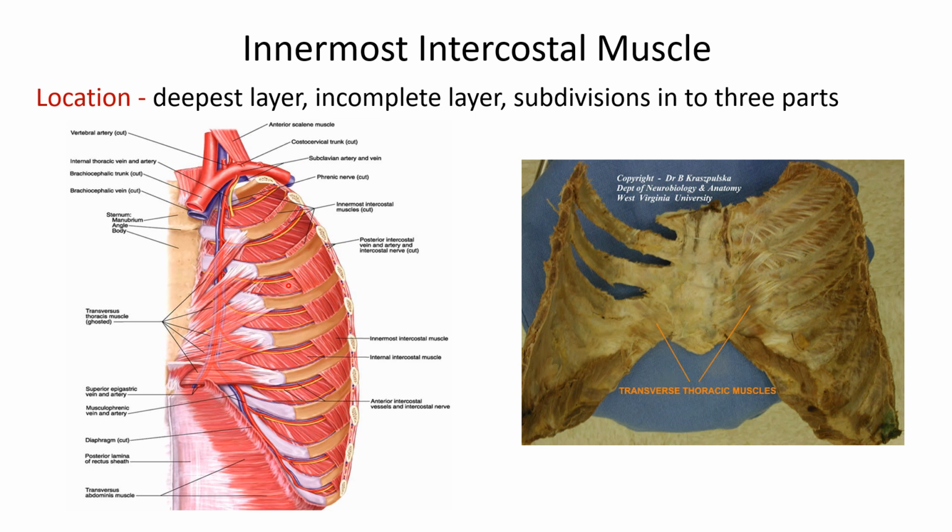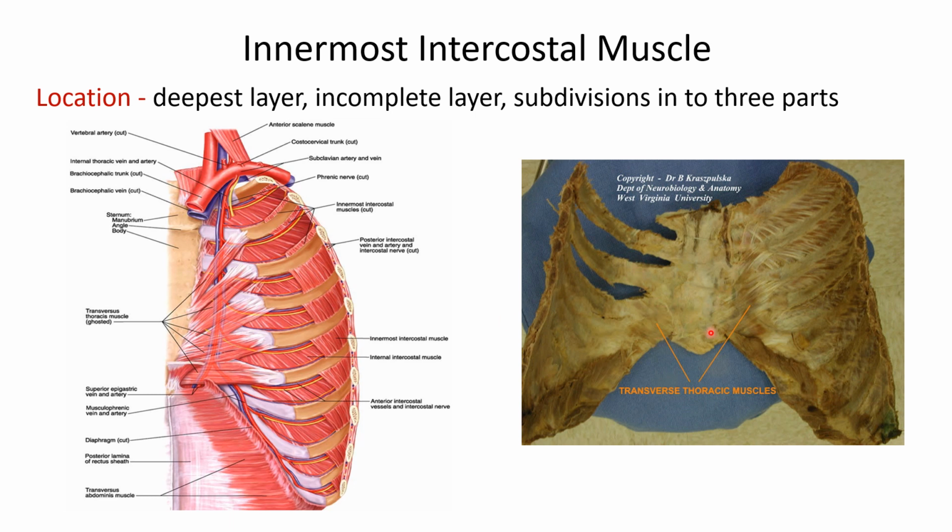From above downwards, in each space you are seeing the vein, artery and nerve, and you can also see the internal thoracic artery coming downwards, which divides into the musculophrenic artery and the superior epigastric artery. The internal thoracic artery and vein are concerned in the supply of the intercostal spaces.